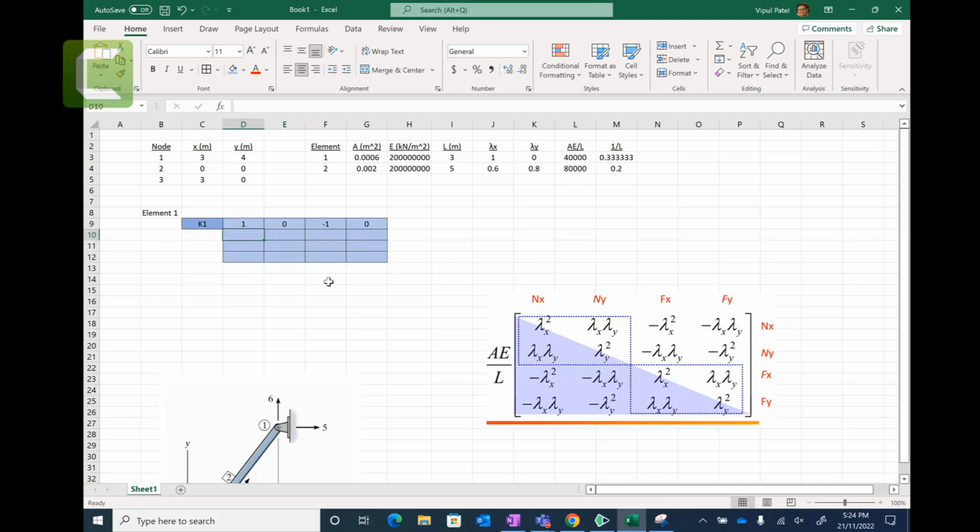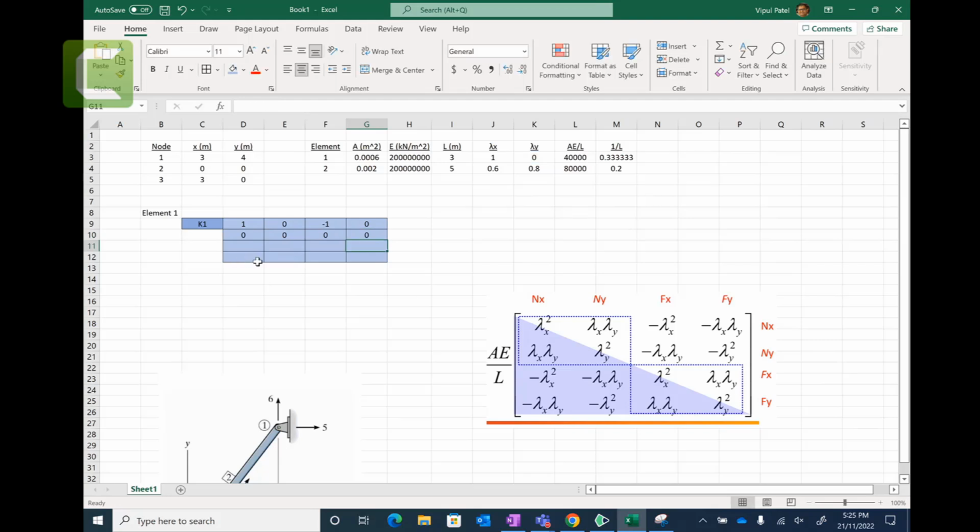Similarly, lambda x times lambda y, lambda x times lambda y. Lambda y square is equal to lambda y square, is equal to minus lambda x times lambda y, is equal to, be careful here, minus bracket lambda y square.